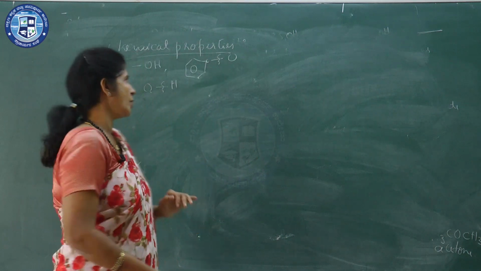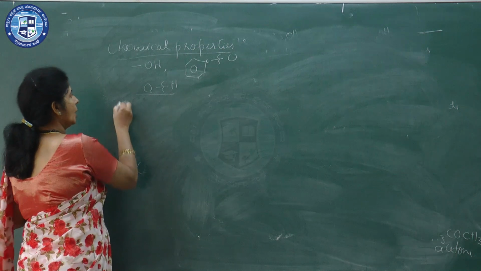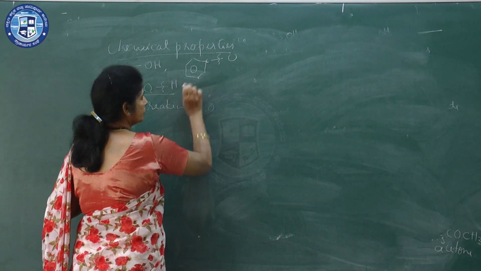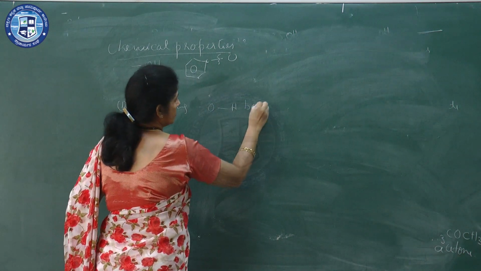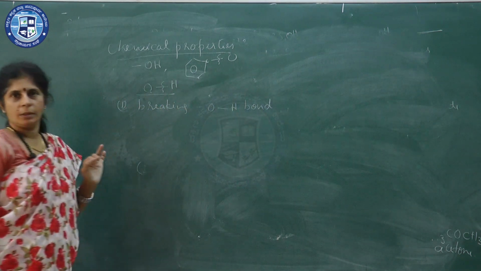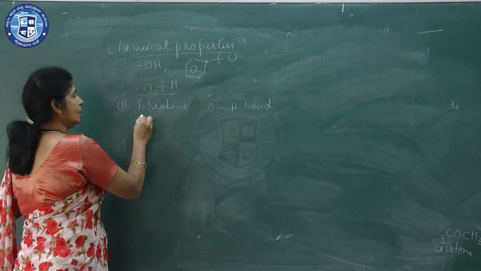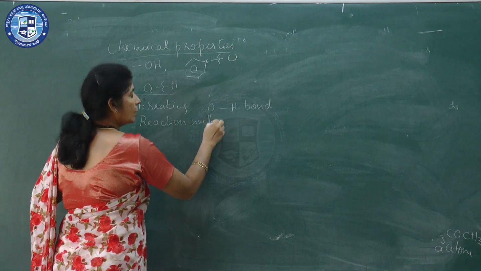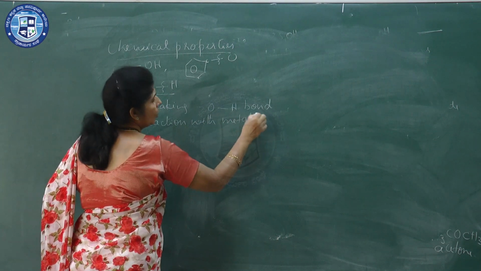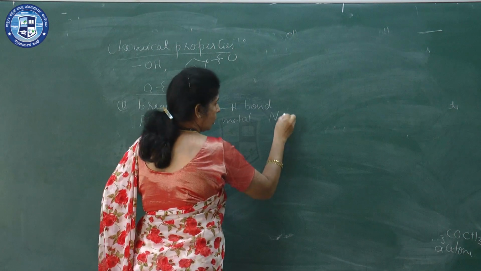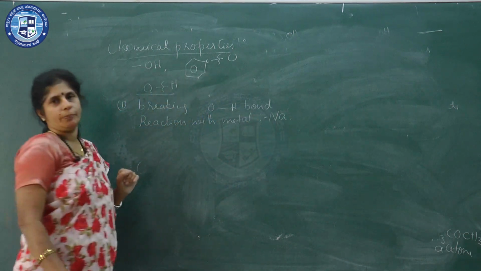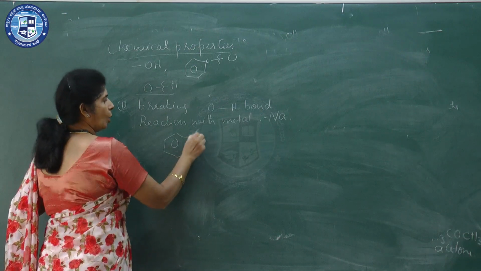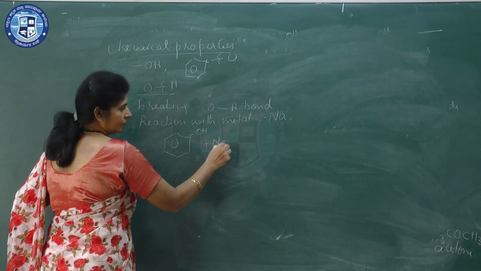So let us take the first type of reaction, breaking of the OH bond. A few simple examples are given. Reaction with metals, with very reactive metals. We are taking only very reactive ones like sodium, magnesium, etc. So sodium metal, when treated with a phenol, reacts.